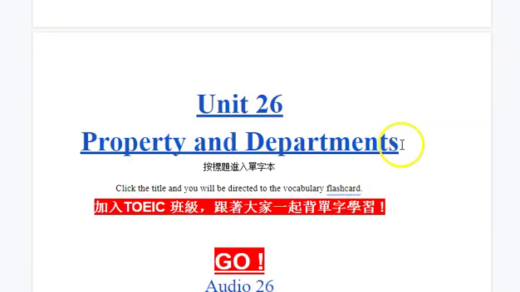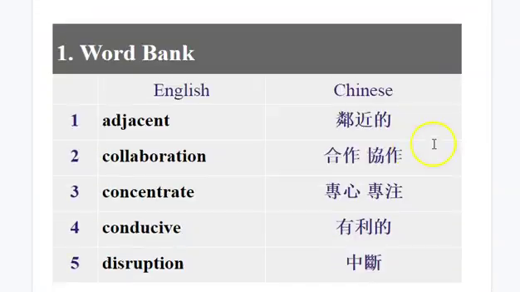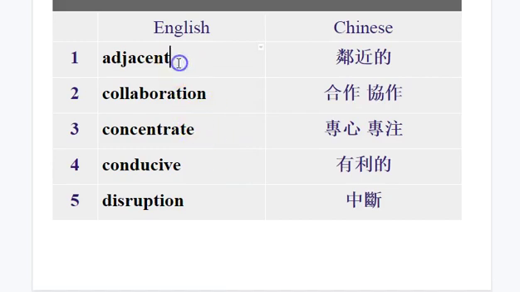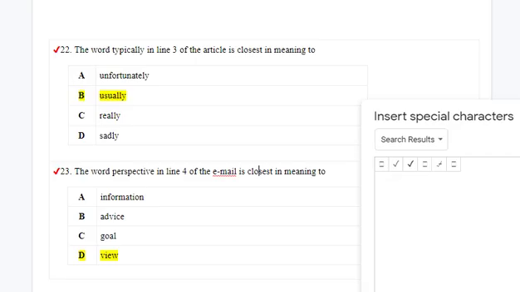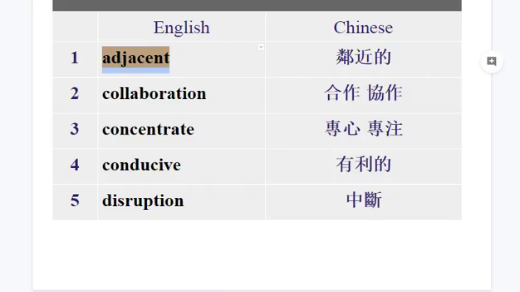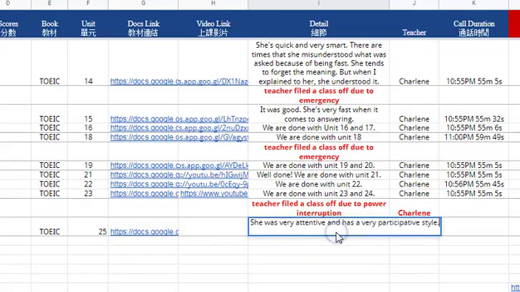So, kindly read the word back. Adjacent. Adjacent. Very good. Collaboration.